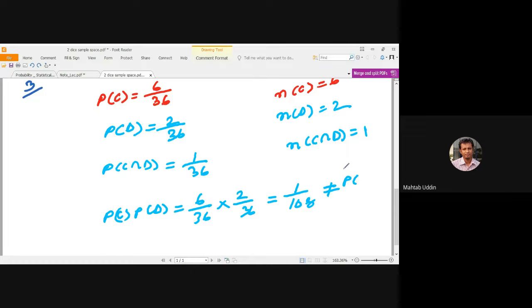They are not independent. C and D are not independent. So you see, A and B are independent, whereas C and D are not independent.